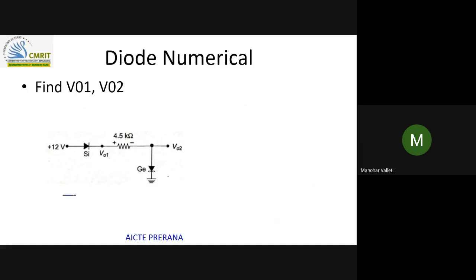Once forward biased, the silicon diode is replaced with a cut-in voltage of 0.7. The germanium diode is replaced with a cut-in voltage of... some textbooks assume the cut-in voltage of germanium diode as 0.2, some assume it as 0.3. It will be clearly mentioned in the problem anyhow. So I will consider the germanium diode cut-in voltage as 0.2.